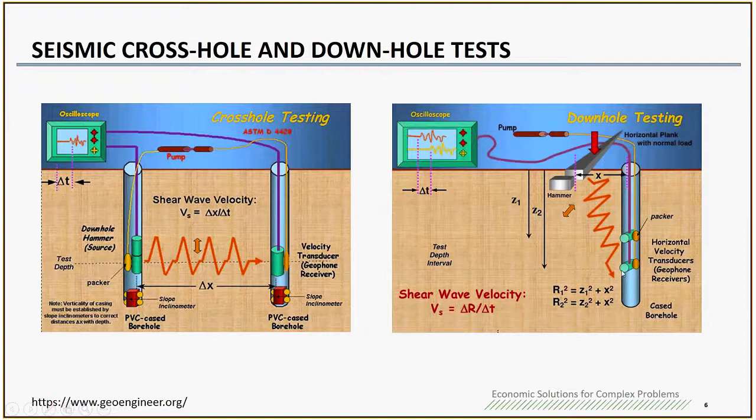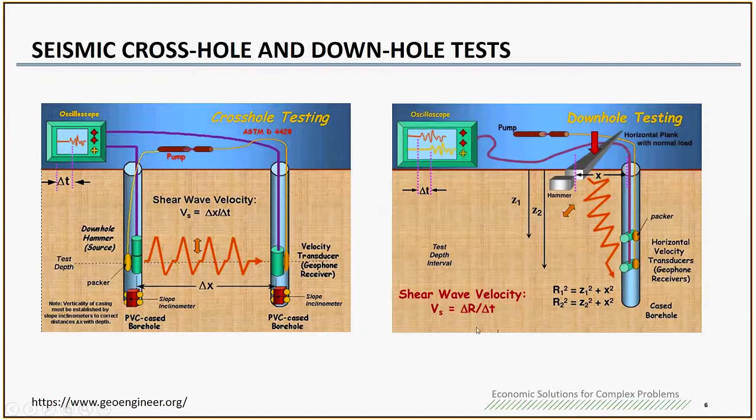Based on the time at different depths for the wave traveling, they can calculate the shear wave velocity of this layer. Basically this layer is from Z1 to Z2.